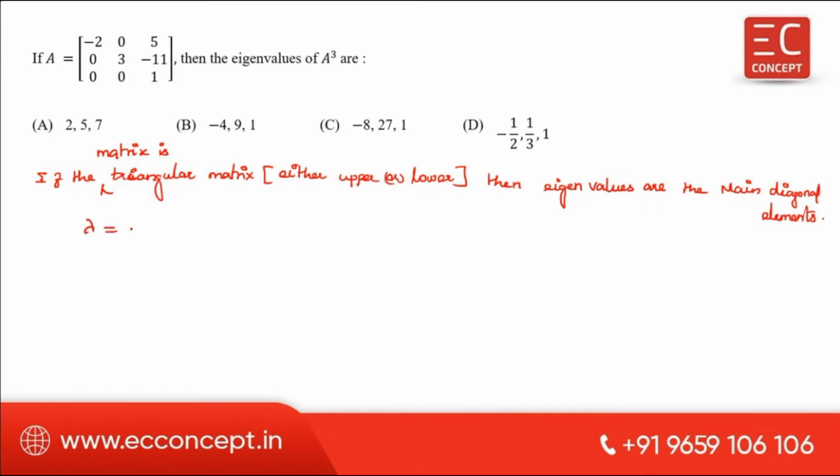So for lambda equal to -2, 3, 1. Okay, next is the property of eigenvalues.